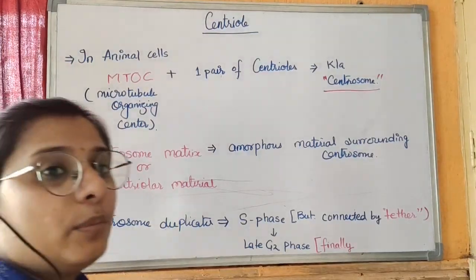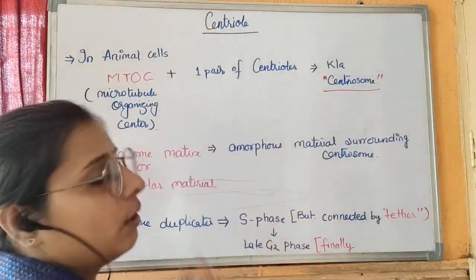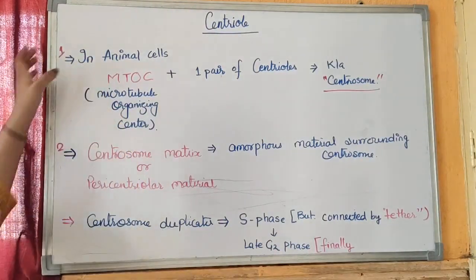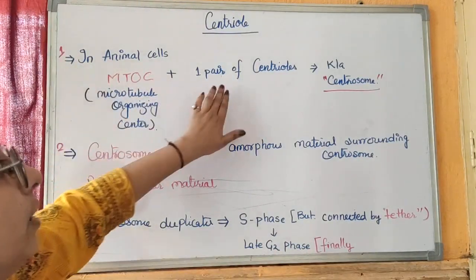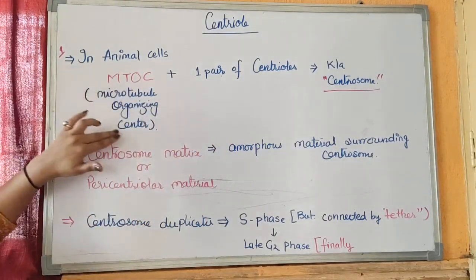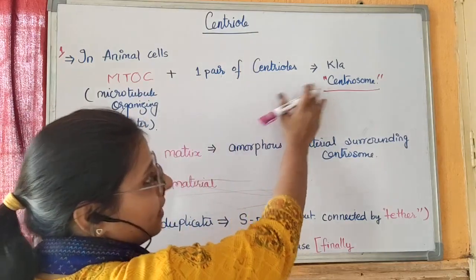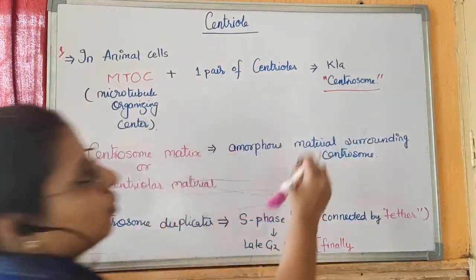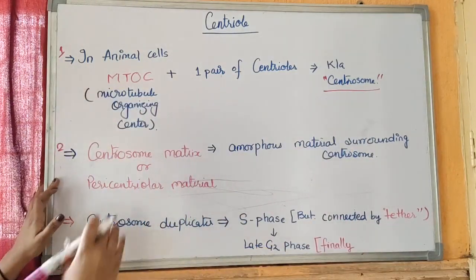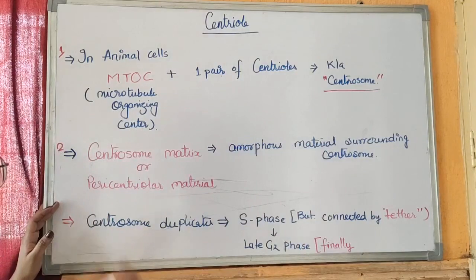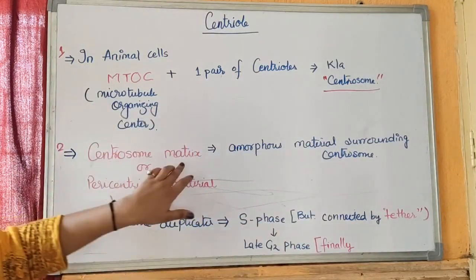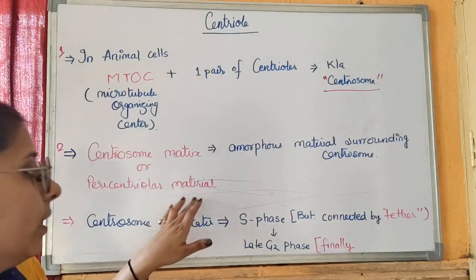Now 3 important points have to be remembered about the centriole. The first important point is that in all animal cells, one pair of centrioles and the MTOC, the microtubule organizing center, together are called the centrosome. This centrosome is different from chromosome. The second point is that the centrosome is surrounded by an amorphous material called the centrosome matrix or pericentriolar material.